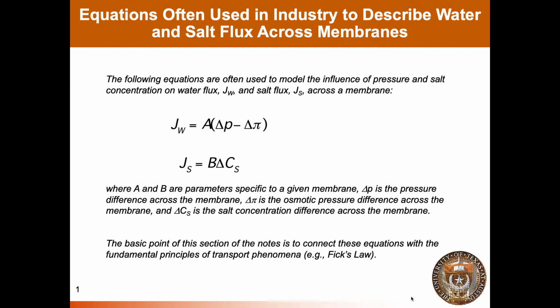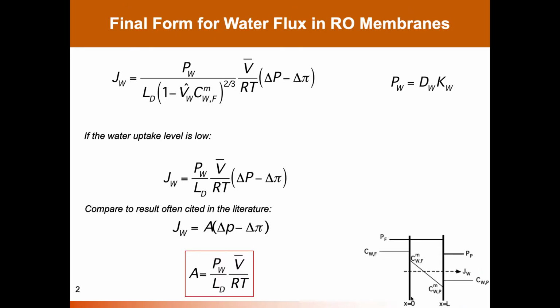The last one is just to relate the salt flux to the concentration difference in salt, and that turns out to be rather straightforward. So this is showing the direct connection between our flux result and the performance equation that's typically used in the literature under the condition where, with water uptake level being low, this term is essentially negligible relative to 1.